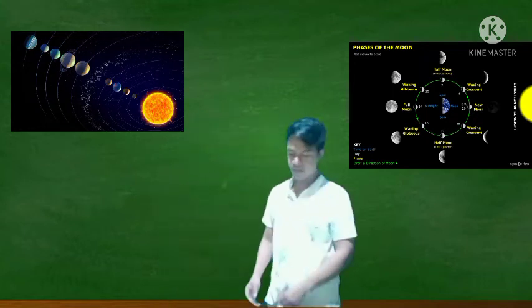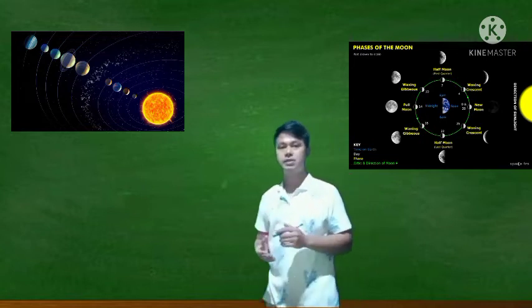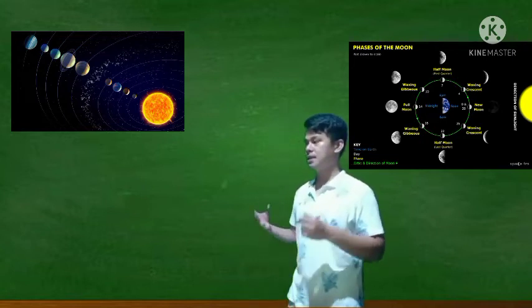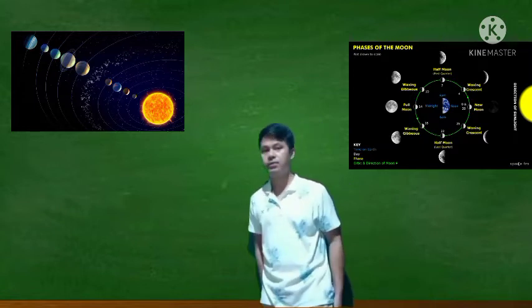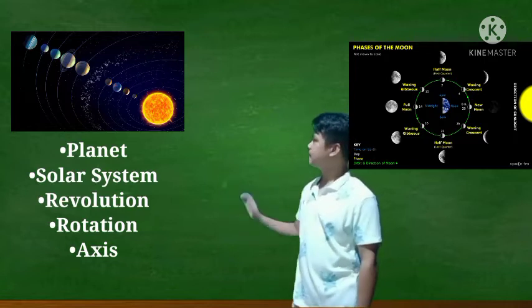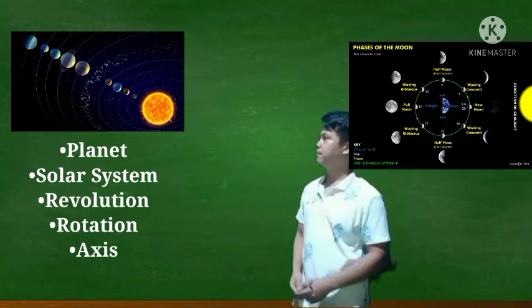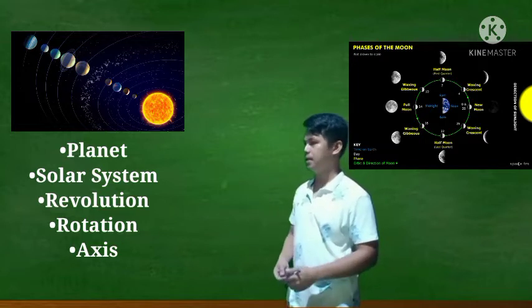Now for grade 5, before we proceed with our class discussion for this morning, let us first define some terms that we may encounter during the class discussion. First, we have planet. What is a planet? Second, we have solar system. What does solar system mean?